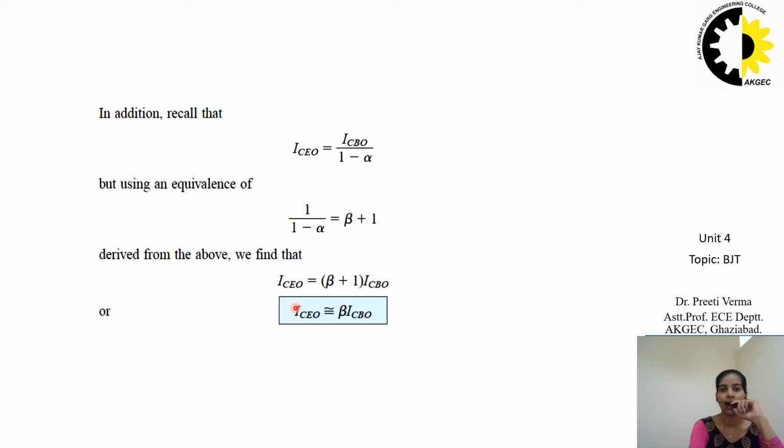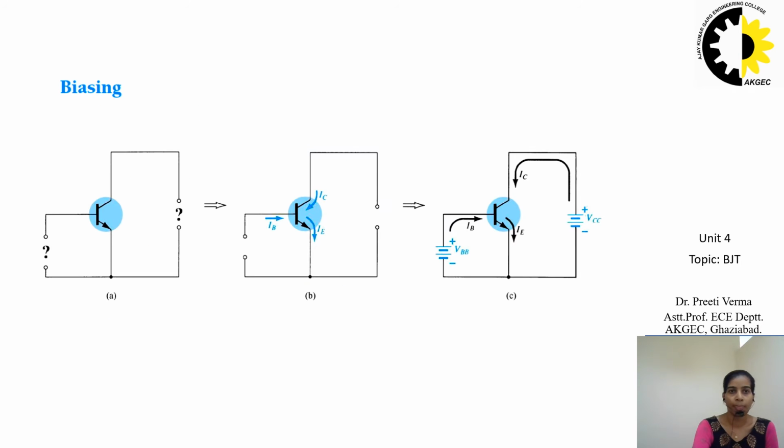We can write this as ICEO nearly equal to beta ICBO, by ignoring this 1 due to the high value of beta as compared to 1. We have seen that the beta value ranges between 50 to 400. So we have ignored 1 in relation to the higher value of beta. So we can write ICEO is equal to beta ICBO.